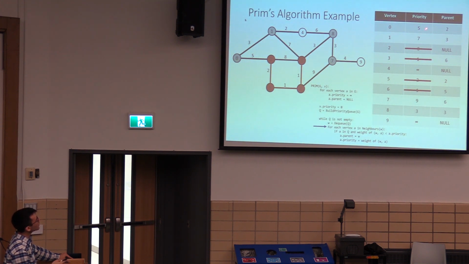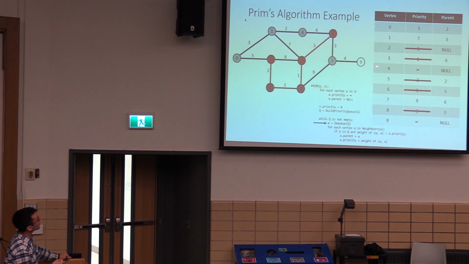The next priority is going to be 3 because that's the smallest. Sorry, so vertex 8, which has the priority of 3, will get expanded. So that's why this is red now. And I look at the different neighbors of 8. So there's 4, and there's also 7, which was discovered before by the 6.